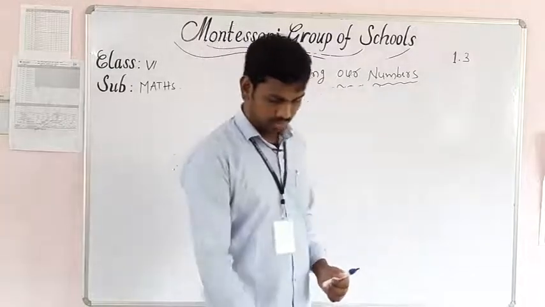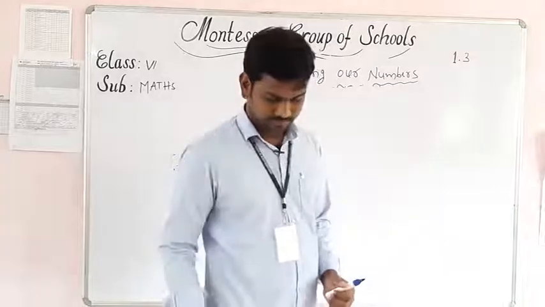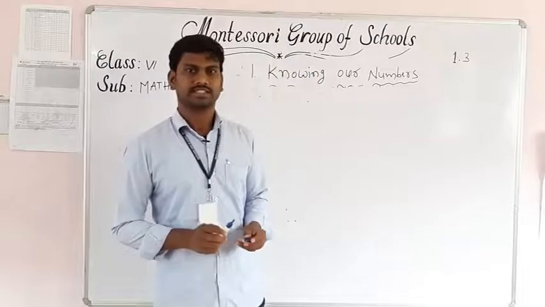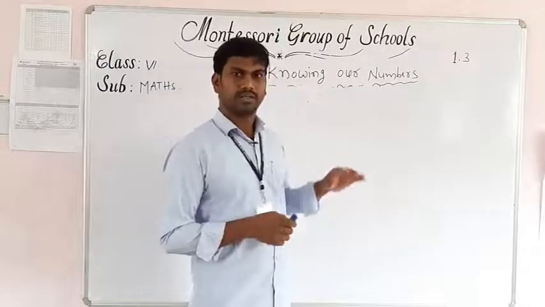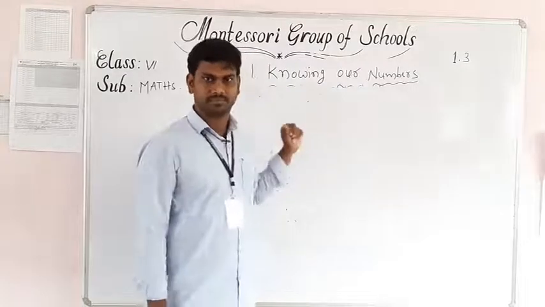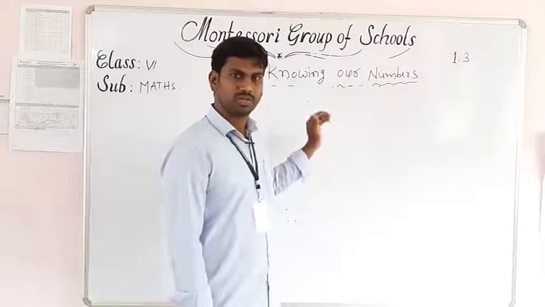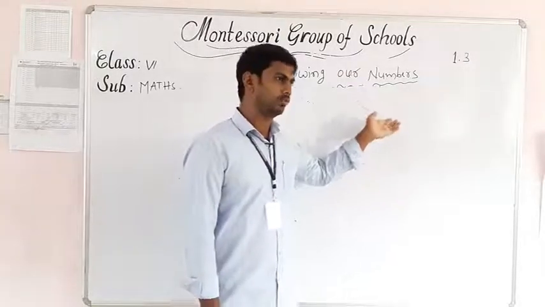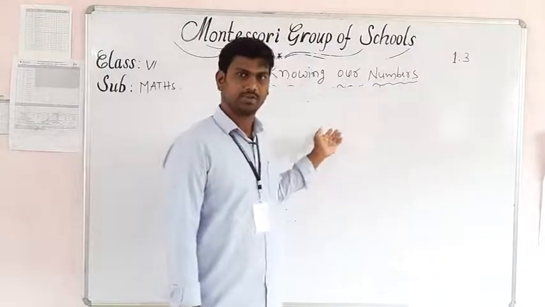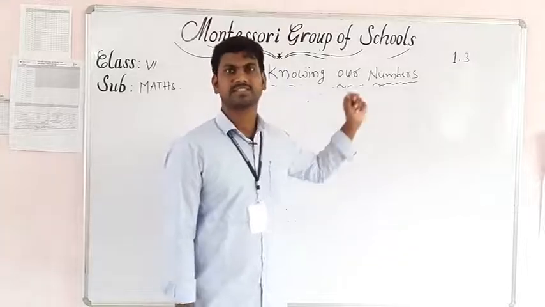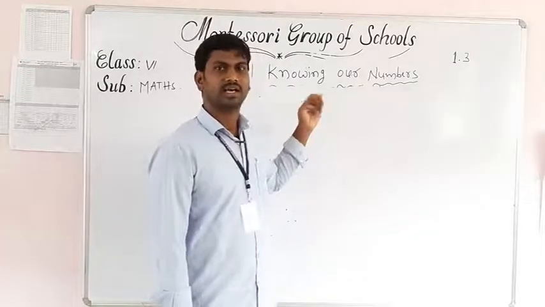So till now, what did we discuss? Estimating and comparing numbers: what is the greatest and what is the smallest, based on the number of digits. If you compare a 5-digit number with a 4-digit number, the 5-digit number is the greatest and the 4-digit number is the smallest.